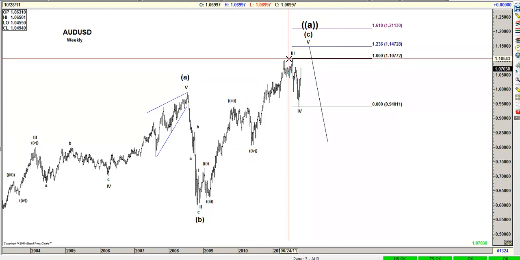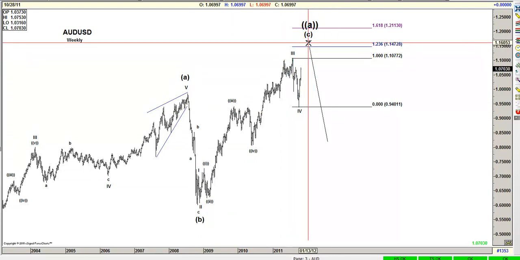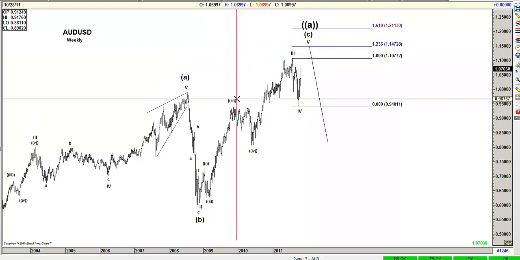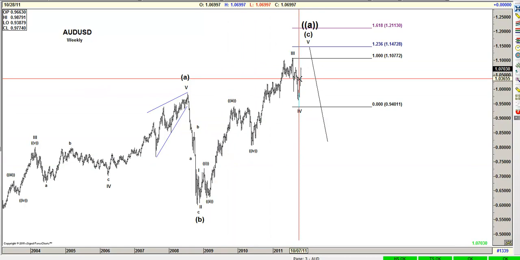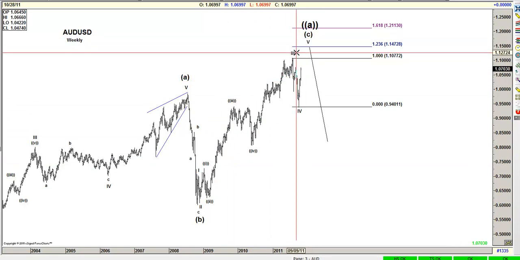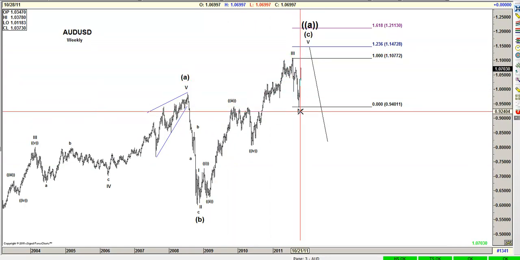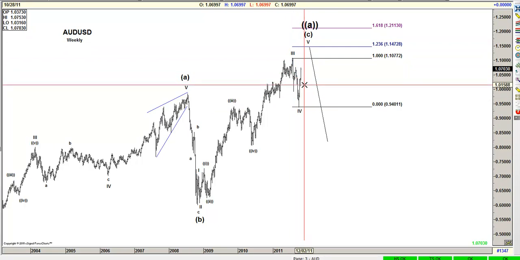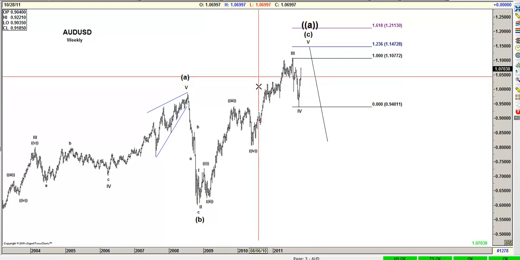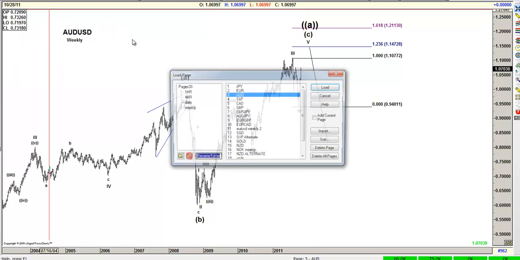Or you can have the alternative, which is that this 5 goes right here, this 3 goes right here, and then all you have is nothing more than this being 5, A, B, C, W, and this goes with the cable triangle. So you can see all the weekly and the daily chart, you can count it different ways. That's the message we'd like you to understand.